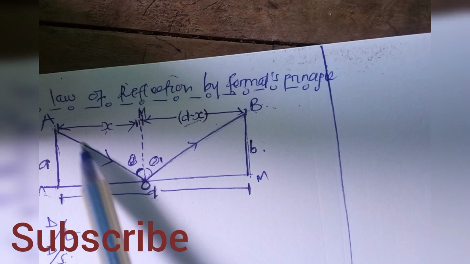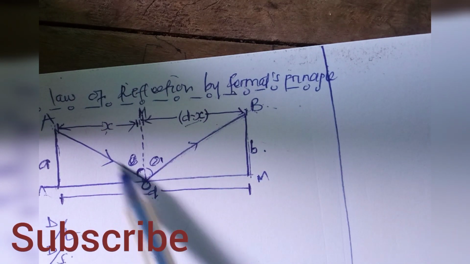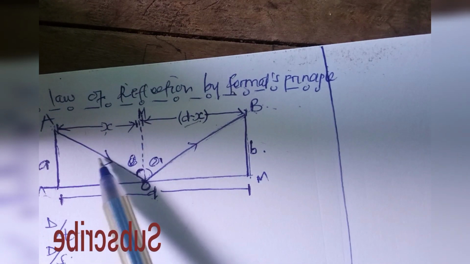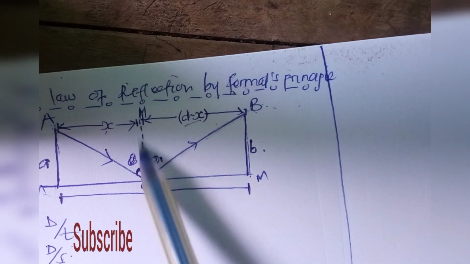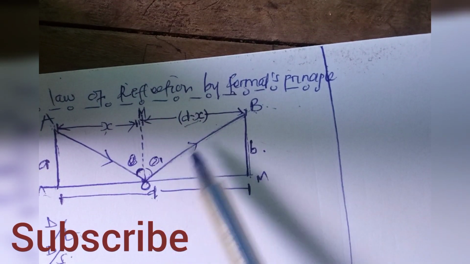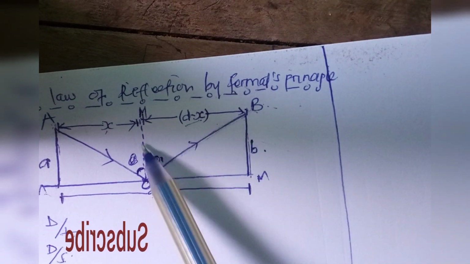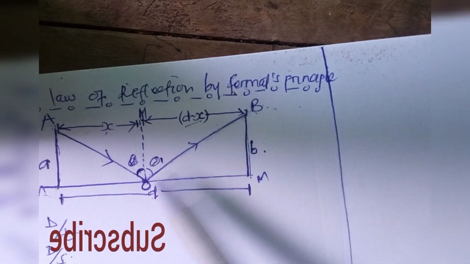So X squared plus A squared is equal to AO squared. To find this, we find the square root of X squared plus A squared. Also this distance here is B. So B squared plus D minus X squared is equal to OB squared.